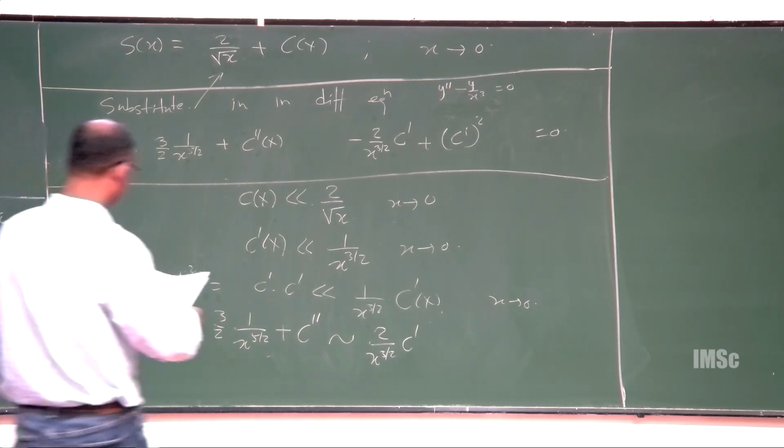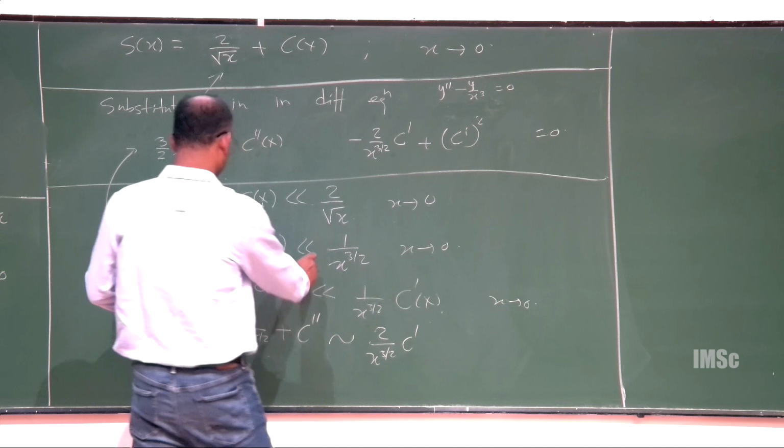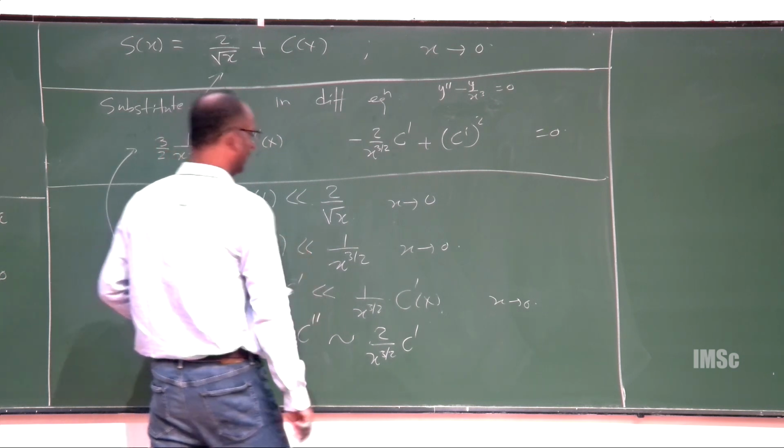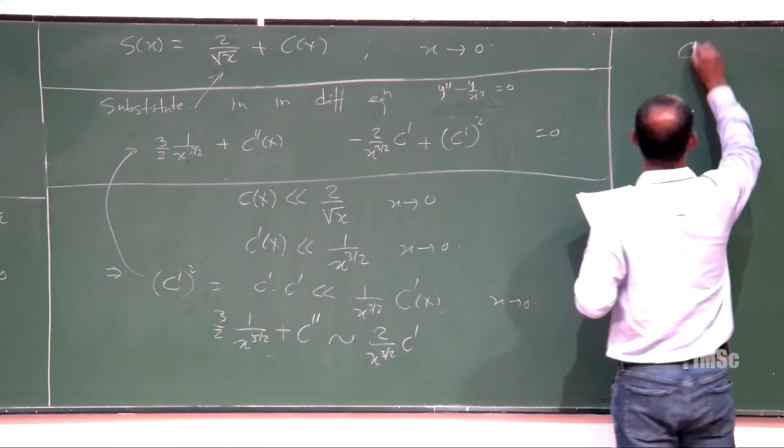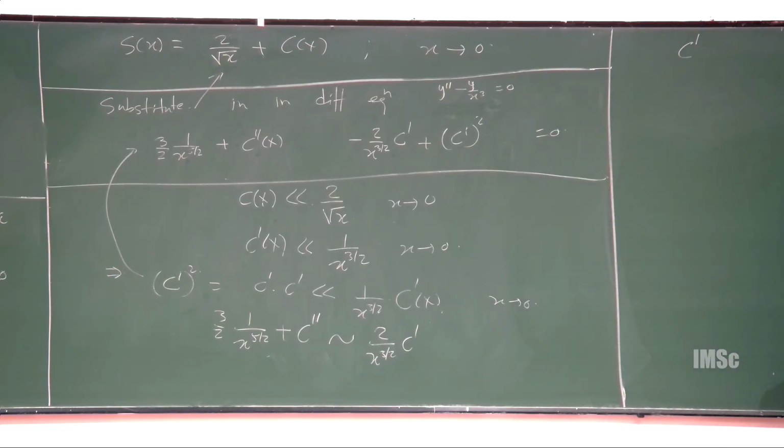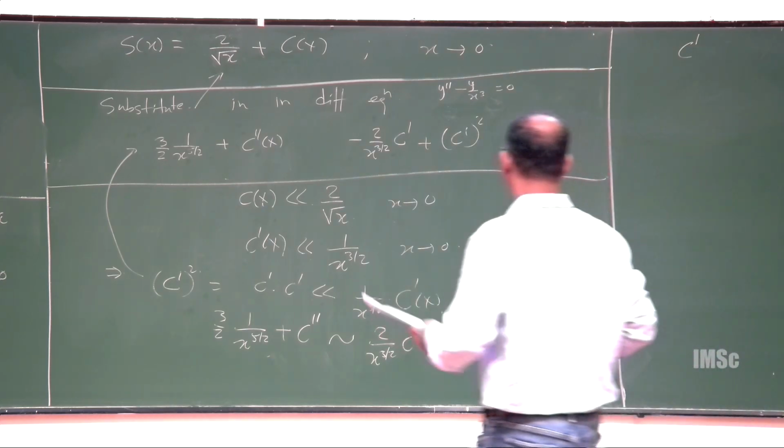So, since c prime is much smaller than x to the 3 halves. Excuse me, I might be wrong, but there should be a negative sign when you go from C to C prime. Where? The last step, like C of x to C prime of x. And same with the integration also.